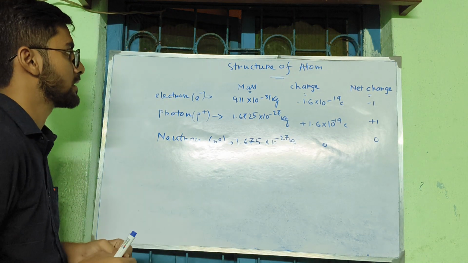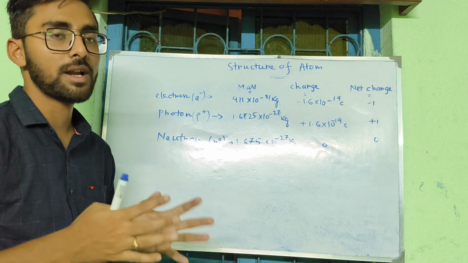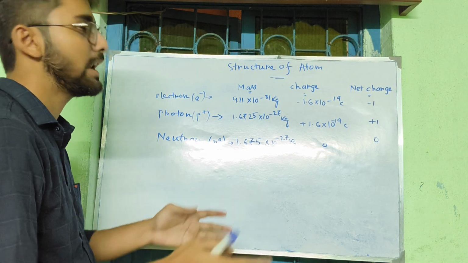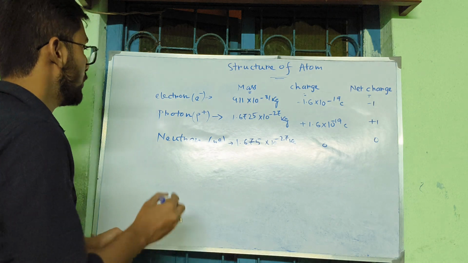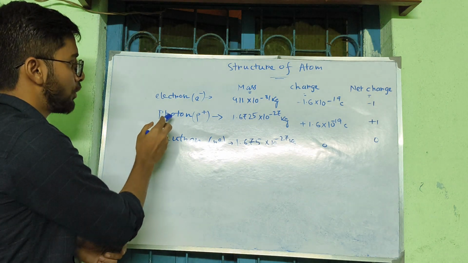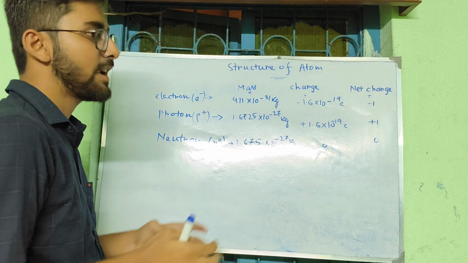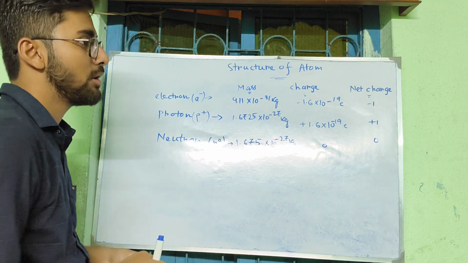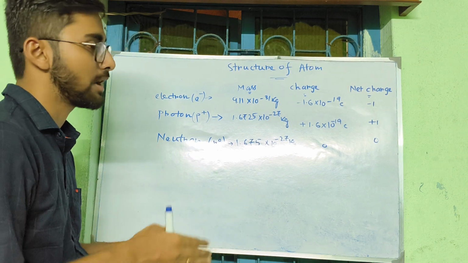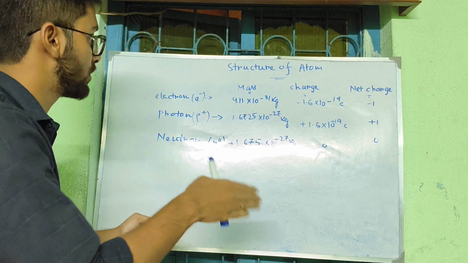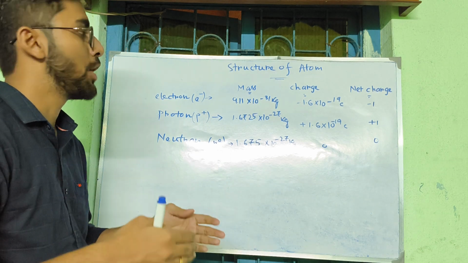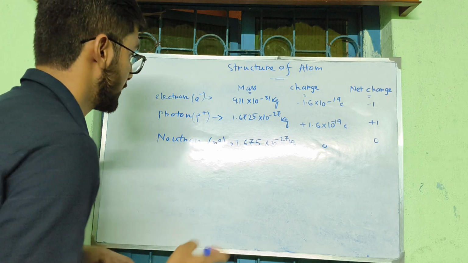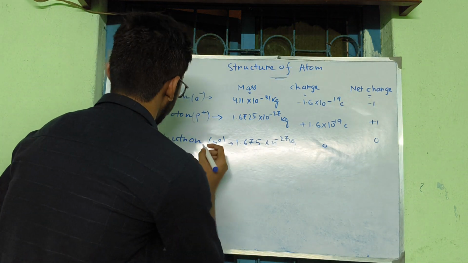Now I will discuss how these subatomic particles are distributed in an atom. So proton and neutron are residing in the center of the atom, that is called the nucleus, and electron revolves around the nucleus in various shells or energy levels. I can explain it.